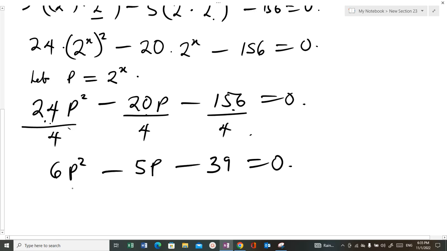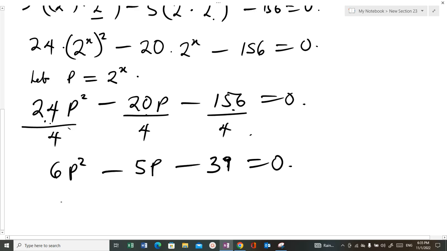Now, what are the factors? So how to factorize this now? There is nothing that will divide further. Now, how to factorize this with ease?